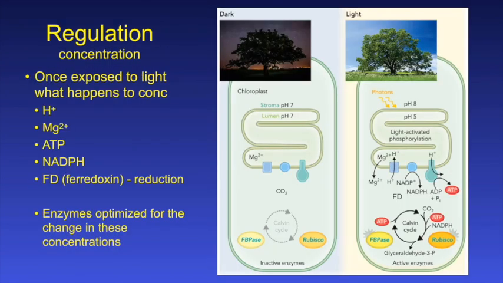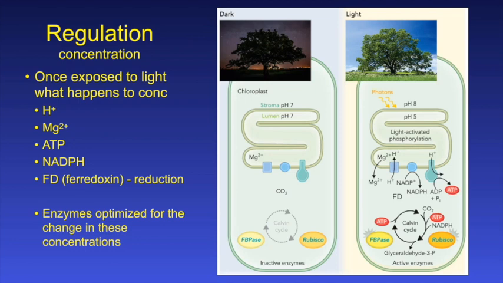All right. So what happens in the differences between dark and light? In the dark, after the cell has used up all of the ATP and all the NADPH that it has in excess, and those concentrations become really, really low, that tends to make every synthetic place stop, and it kind of gets reset.